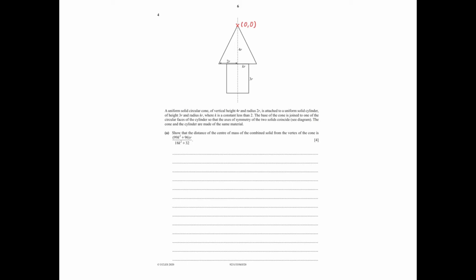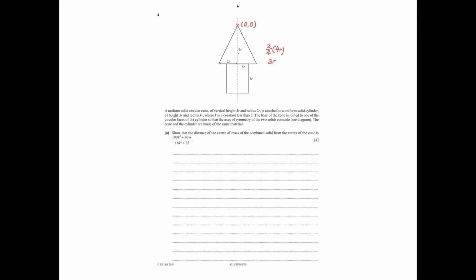As you can see here, the height is 4r, so 3/4 of the height is hence equal to 3r.